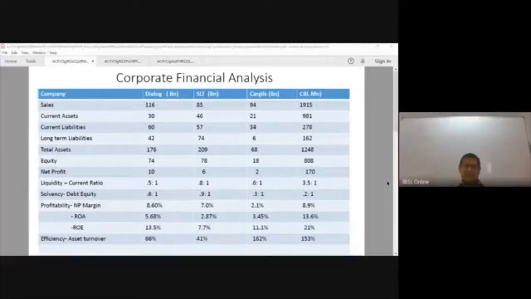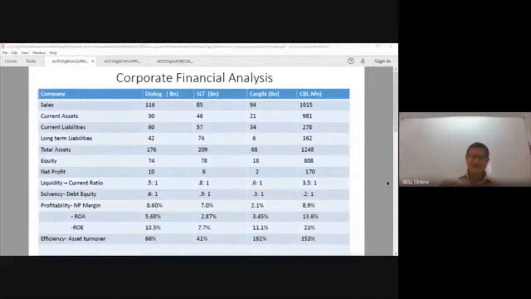And first, in their corporate financial analysis, I went to liquidity. You remember I showed the slides: current assets divided by current liabilities works out to the current ratio. We also discussed the quick ratio, but I have not taken that here in order to maximize the space available on these slides.